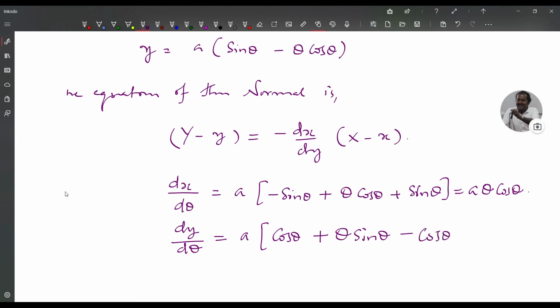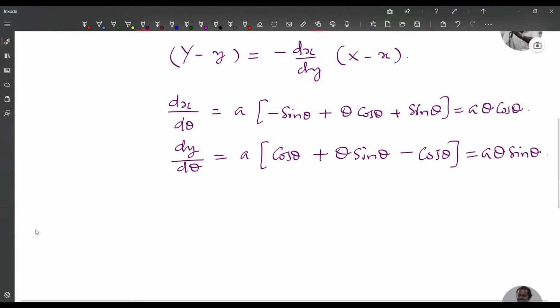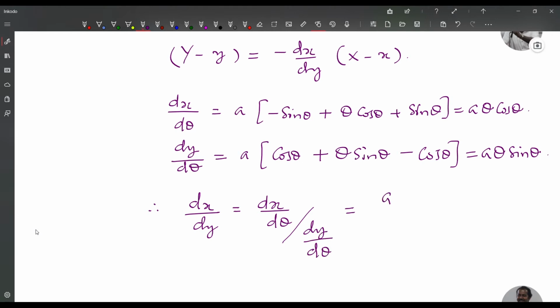So this is a theta sin theta. Therefore, dx by dy is equal to dx by d theta by dy by d theta. So this is equal to a into theta cos theta divided by a into theta sin theta. So this is cos theta by sin theta.